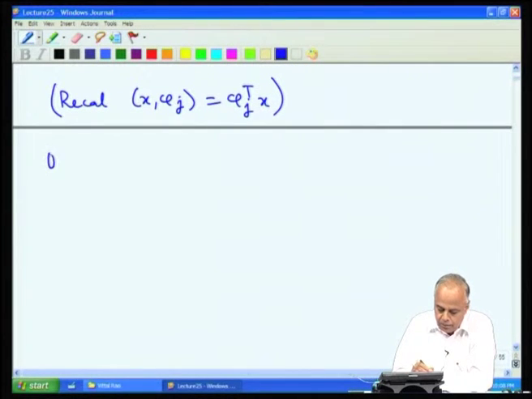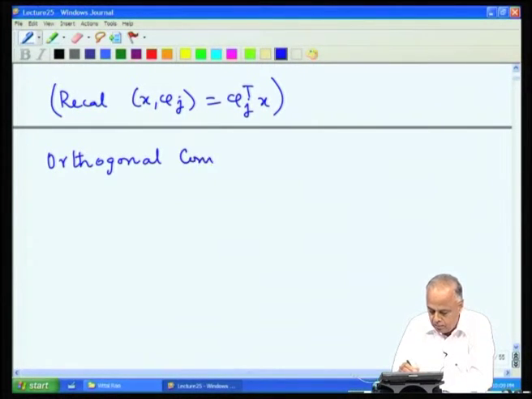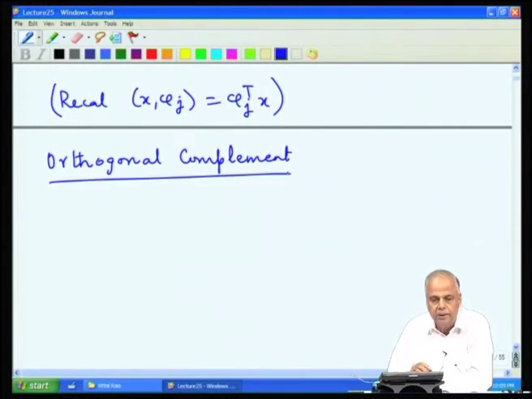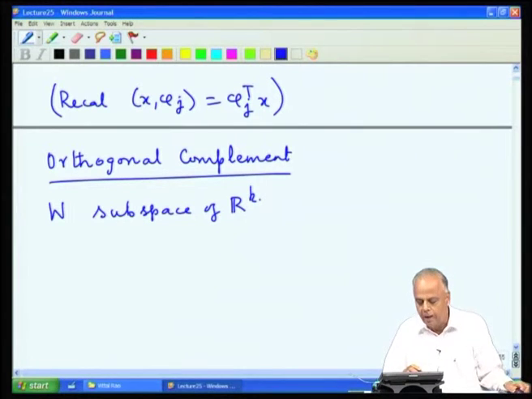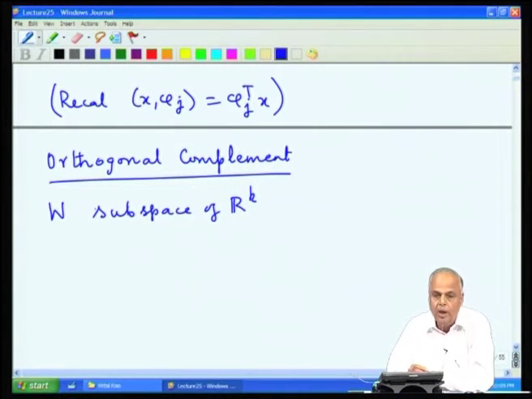Then we introduced the notion of the orthogonal complement of a set. In particular, we were interested in the orthogonal complement of subspaces. So let us say W is a subspace of R^k. Then we look at all the vectors which are orthogonal to every vector in W. That set we call W perp.